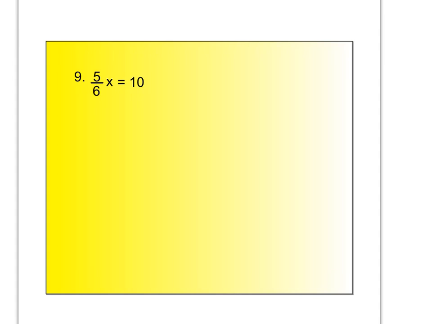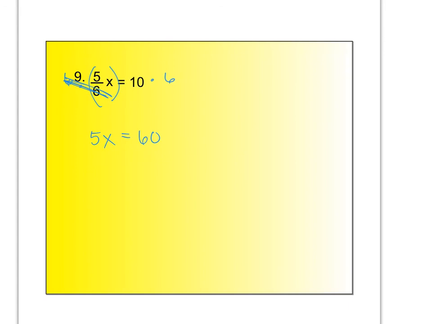So what if I take the 5/6 and I multiply by 6, or think of it as times 6 over 1. If I do that on both sides of the equation, on the left side, the 6's will cancel out, which is kind of cool because then we just have 5x left. On the right side, we have 10 times 6, which is 60.